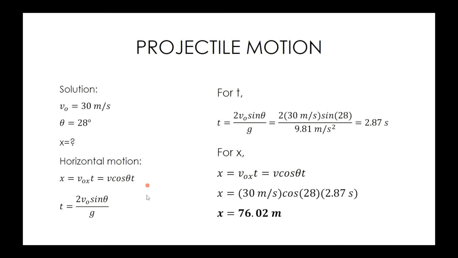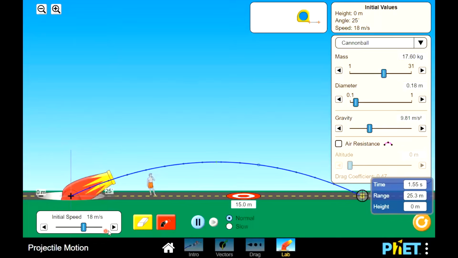So let's try to simulate para makita natin kung yung displacement na nakuha natin is within the projectile motion or ito na rin yung ating range. So we have 30 and then 28 degrees.